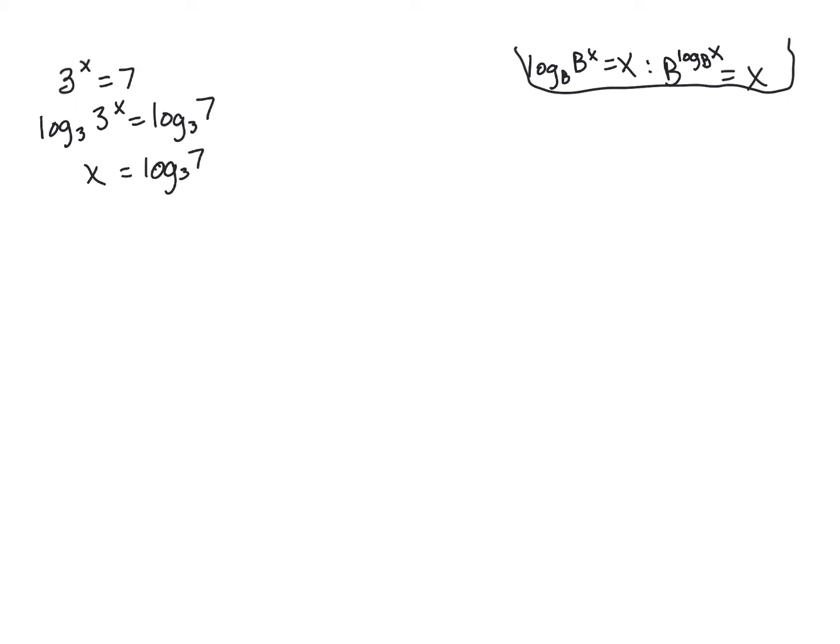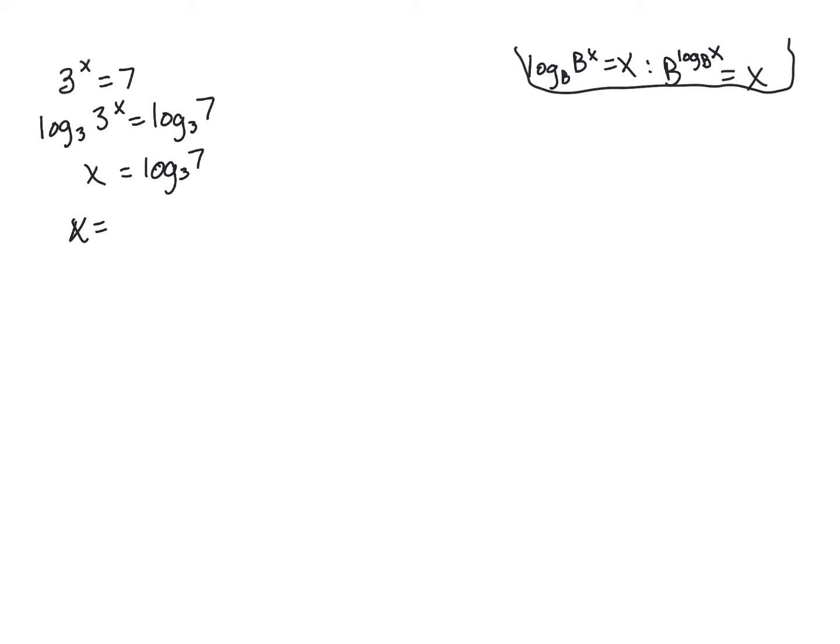Log base 3 of 7 is just a number. I didn't elaborate too much about the change of base formula. If you needed to get the actual numerical value, which I'm not going to ask you to do, you would use a change of base. There's two different log keys on your calculator, a natural log and what's called a common log. Log with no number is understood to be 10.